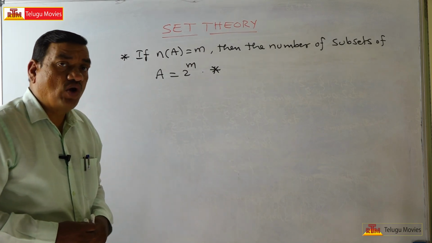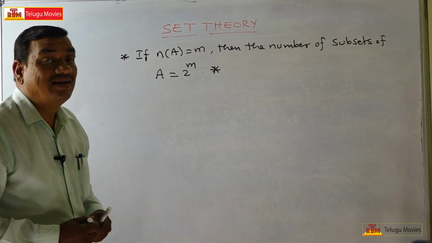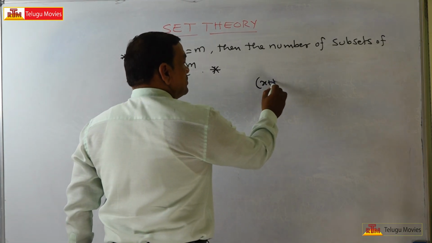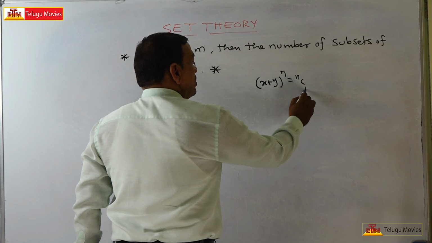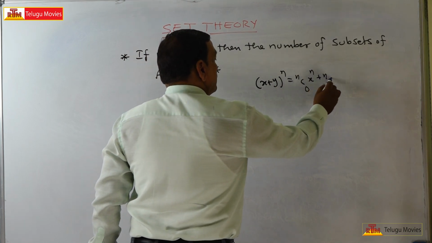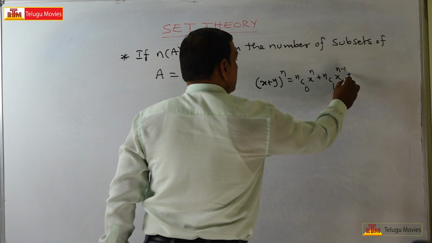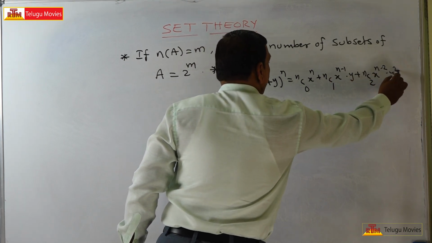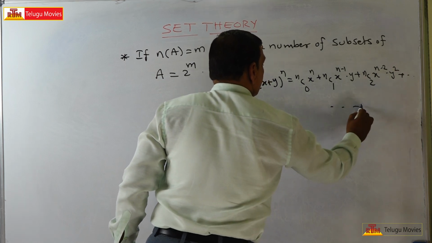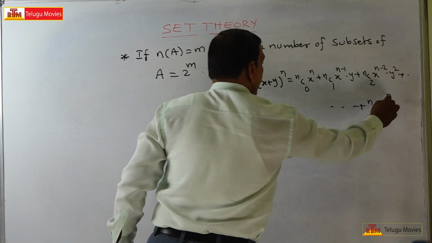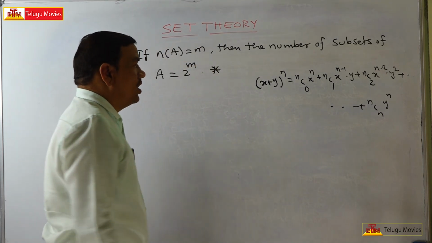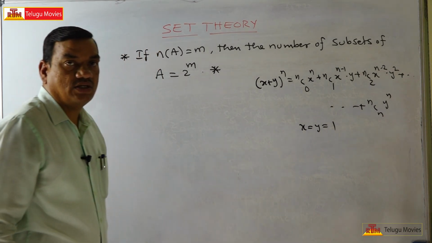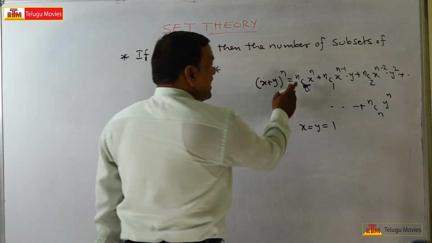To derive this formula, we have one result from the binomial theorem. (x + y)^n is equal to nC0 x^n plus nC1 x^(n-1) y plus nC2 x^(n-2) y^2, and so on, the last term nCn y^n. Now put x equal to 1 and y equal to 1. So what happens?